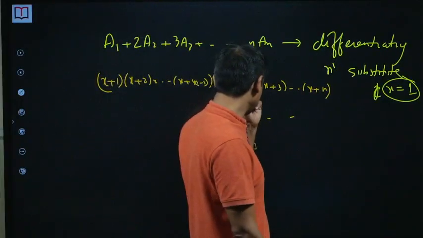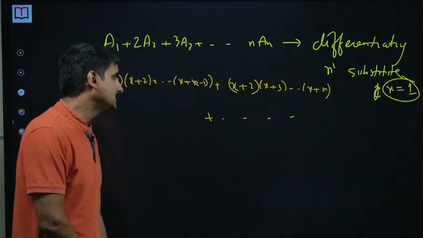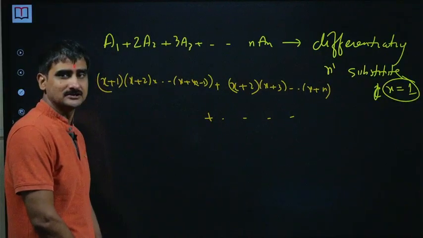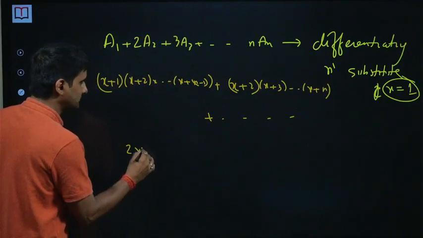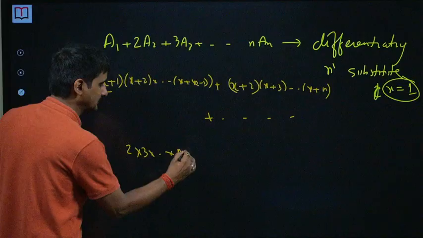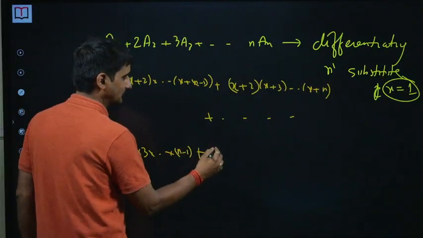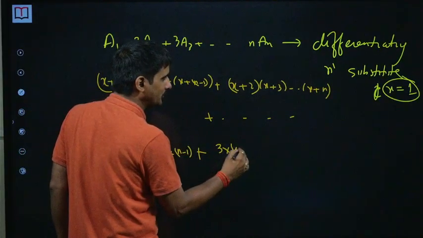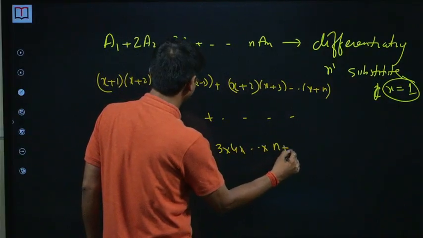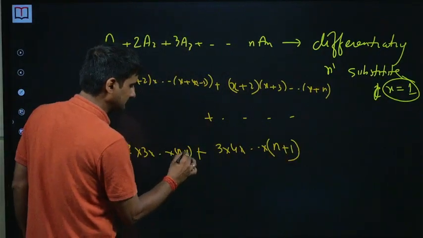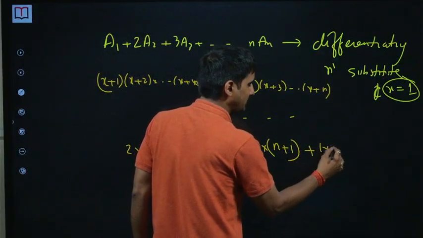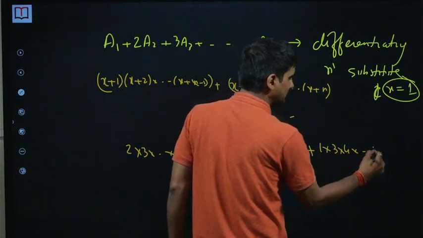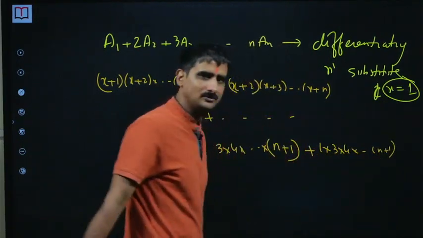That's the derivative. Now we need its value at x equal to 1. So it's like 2 into 3 into dot dot dot n, plus 3 into 4 into dot dot dot n plus 1, rather n here. Similarly maybe 1 into 3 into 4 into n plus 1, and so on.